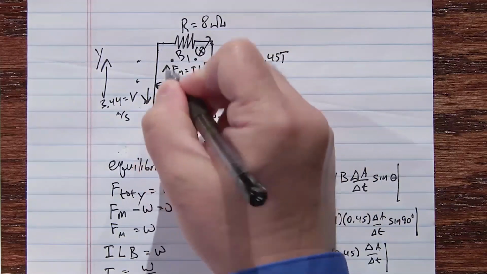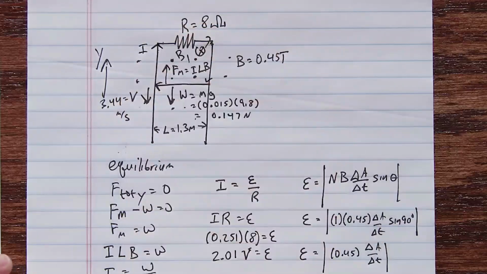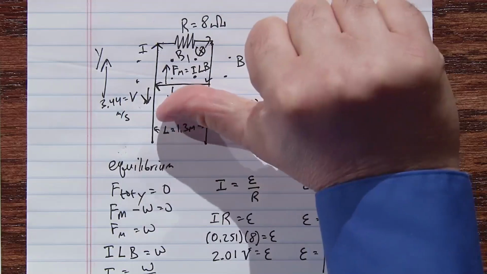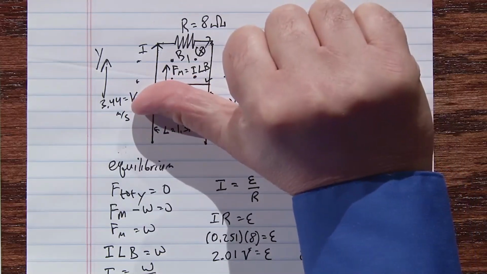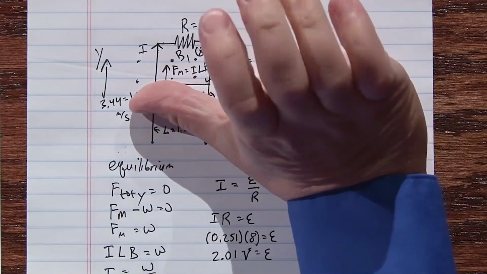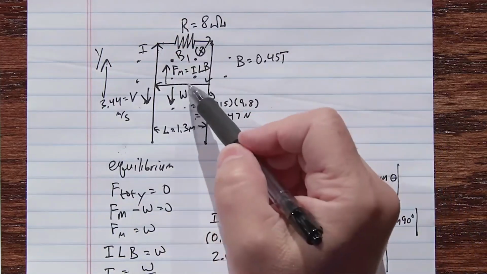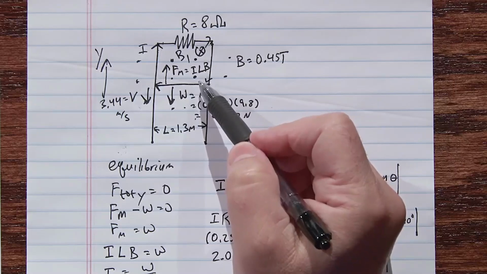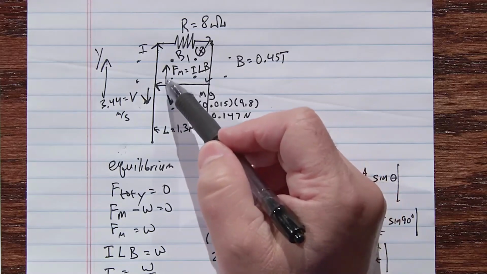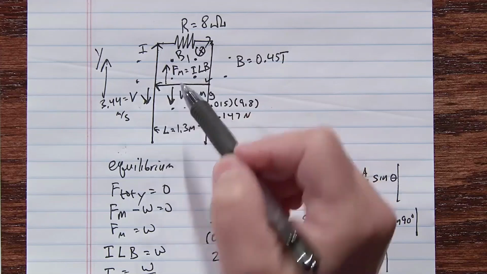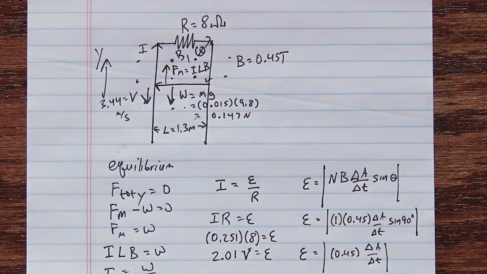So the current, I, is going to flow clockwise in this loop. And then on the bar itself, we have a current that is to the left, and a magnetic field that's out of the page. So the force on the bar will be upwards, or in other words, opposing the change in magnetic flux. So yes, we do get a force that's upward that will be balanced by the weight that's downward. And when those two are balanced, the bar is in equilibrium and it will move at constant speed.